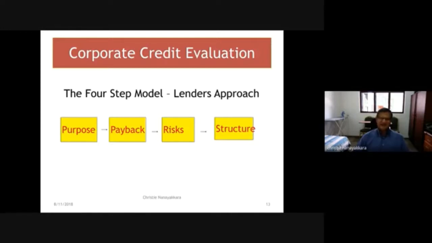So we have looked at two kinds of purposes: working capital and asset financing. For asset financing, the last one I mentioned is plant or machinery, and you need a different type of evaluation. For financing plant and machinery, you can use different methods, such as internal rate of return.